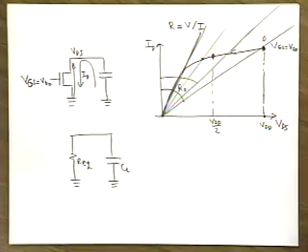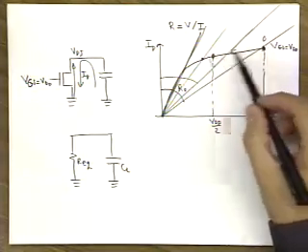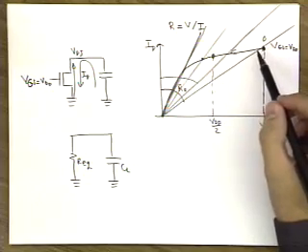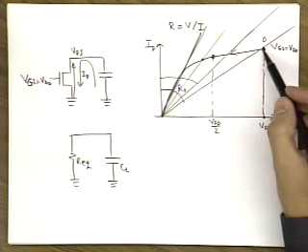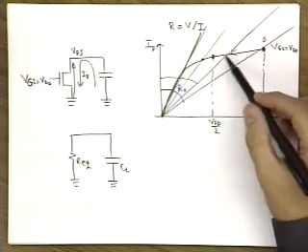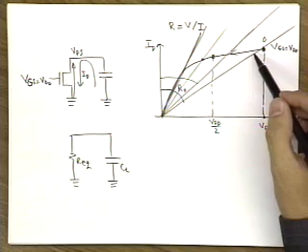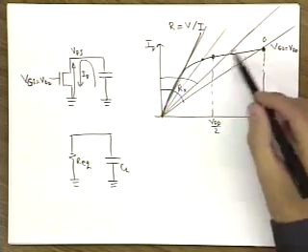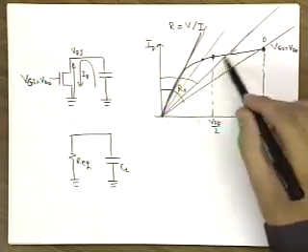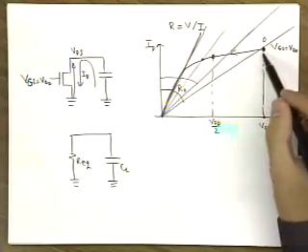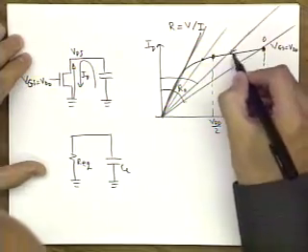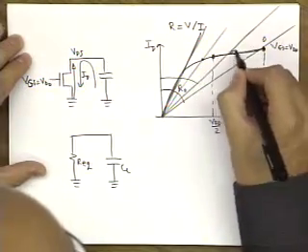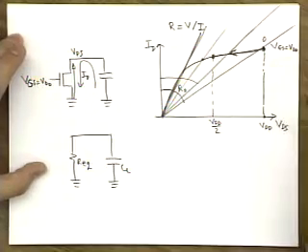Number one, your resistance is dependent on time. It varies over time as you traverse this path from VDD to VDD over 2. Number two, this is a non-linear characteristic. And the question is how you represent the behavior of a device with such a complicated relationship between your resistance and time.